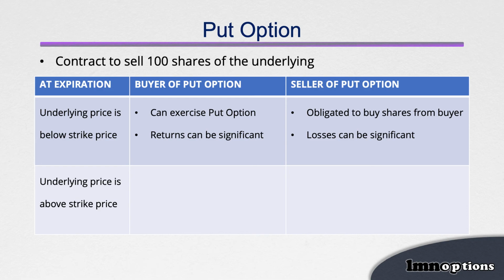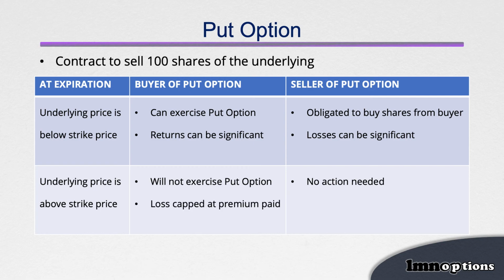If on the expiration date, the market price of the underlying is above the strike price of the option, the buyer of the put option will not exercise the option. Therefore, there is no action needed from the seller of the put option. The losses of the buyer will be capped at the premium paid for the option, and the gains for the seller will be capped at the premium received for the option.